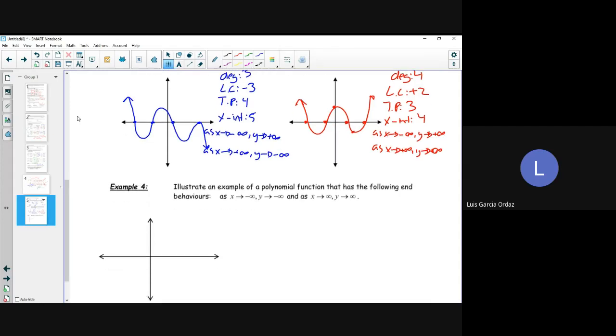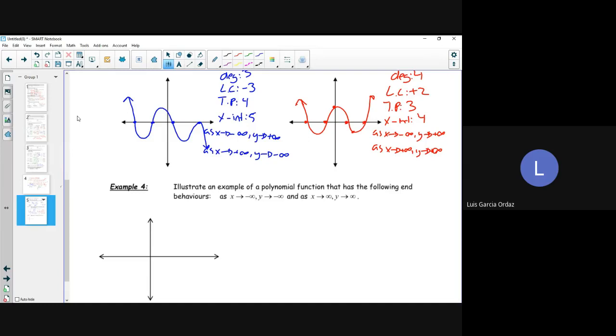So the last example before we get into long division and synthetic division after the break. We want to illustrate an example of a polynomial function that has the following end behaviors. As x approaches negative infinity, y approaches negative infinity, and as x approaches positive infinity, y approaches positive infinity.